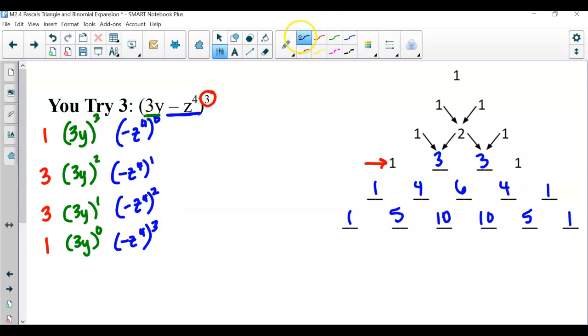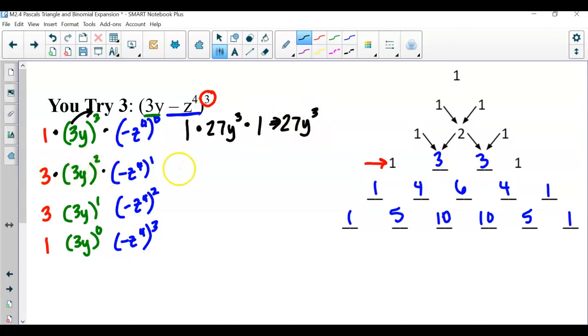Here we go. Multiplying together, that is just 1 times. Here we go. 3 to the third power is 27. Then y to the third power is just y to the third power. Then anything to the 0 power is 1. So the first term is 27, y to the third.